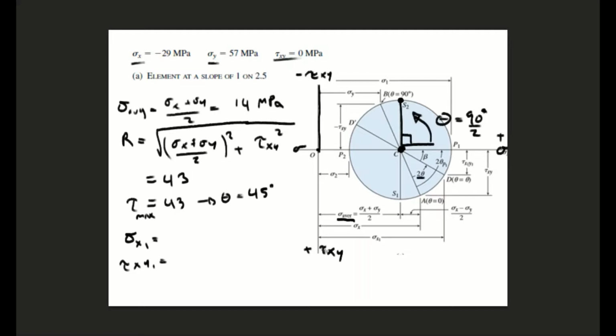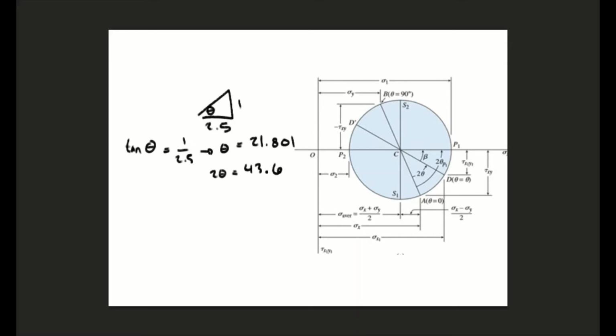So we're going to use sigma x plus sigma y over 2, so that's our average, and then we add the fact that it's an angle: cosine of 2 theta, if we're considering theta the value that we solved for here. So it's 2 theta, which is the 43.6.